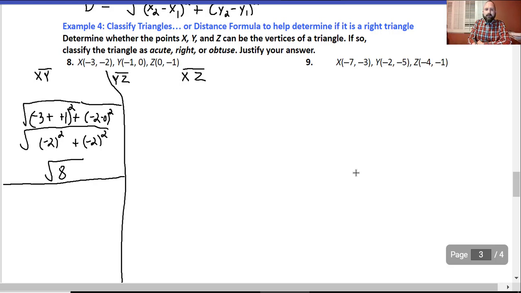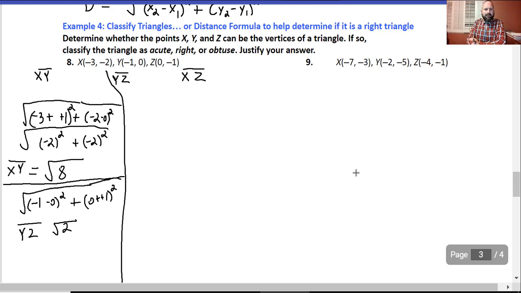Cool. Now let's see if I can do y to z right here. Y to z would be -1 minus 0 squared plus 0 to -1, which is not going to do anything. It becomes a positive 1. So this will be 1 plus 1, or radical 2, is equal to yz. All right, last one, x to z.